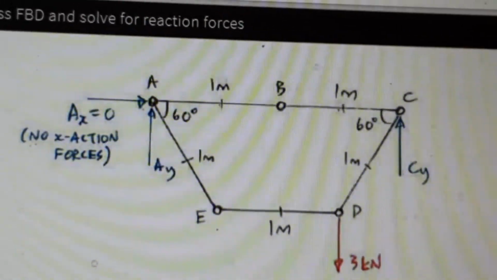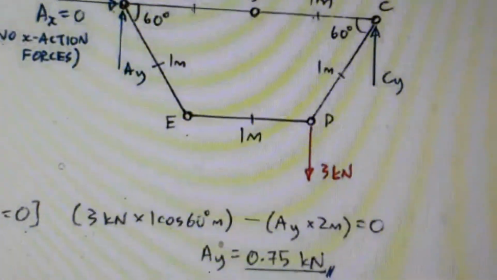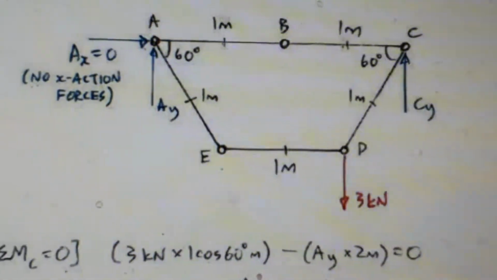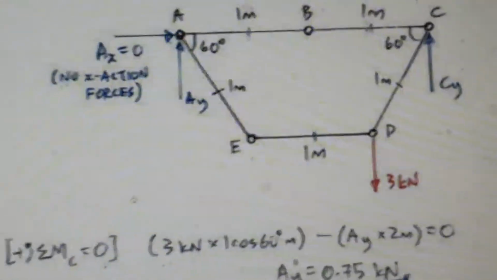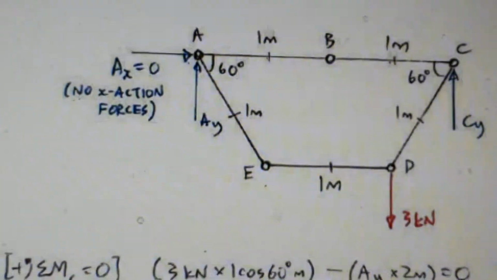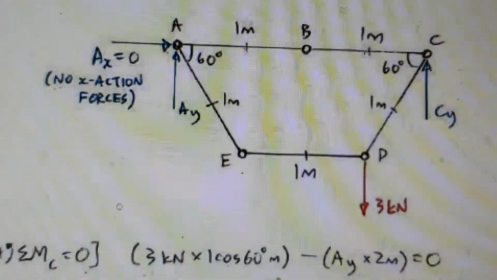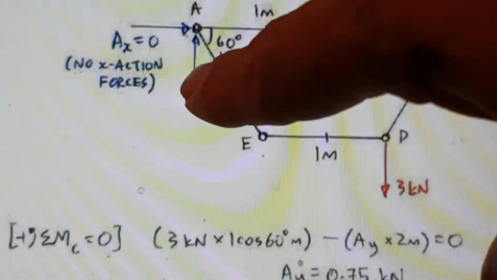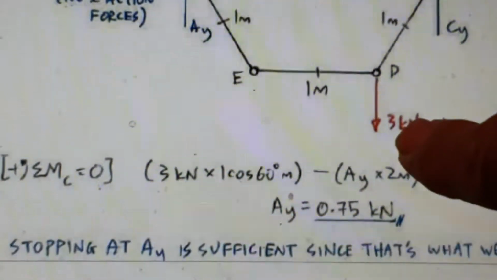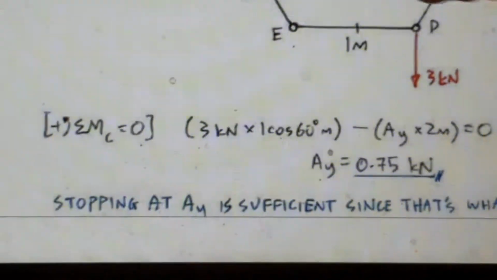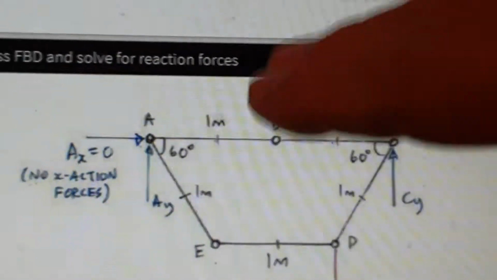Now, what is the next step? The next one is summation of forces in y equal to 0. Summation of forces in y equal to 0 gives CY plus AY minus 3 equal to 0. Two unknowns and one equation. We'll leave that equation for later.